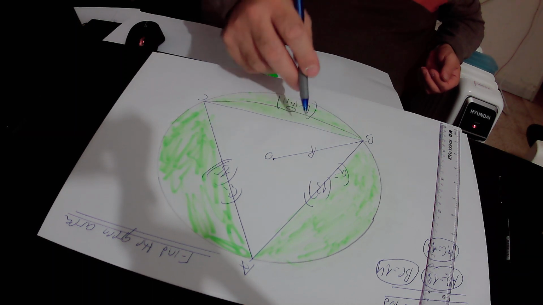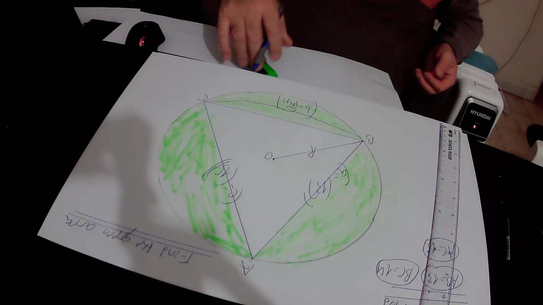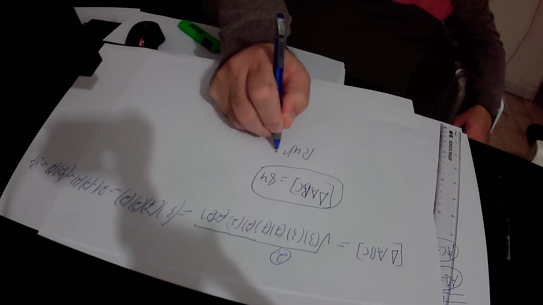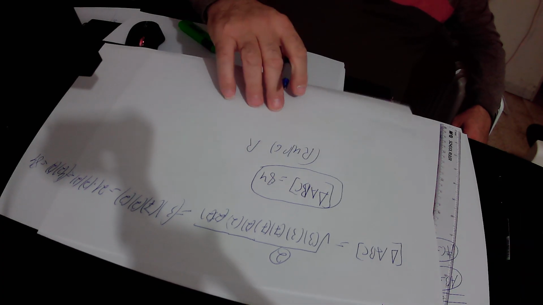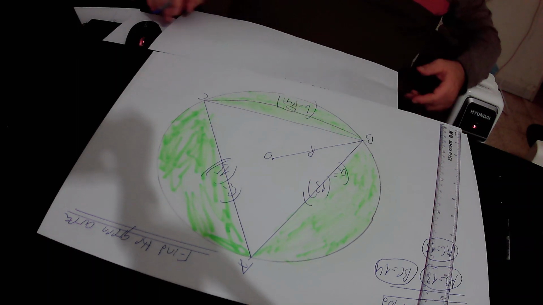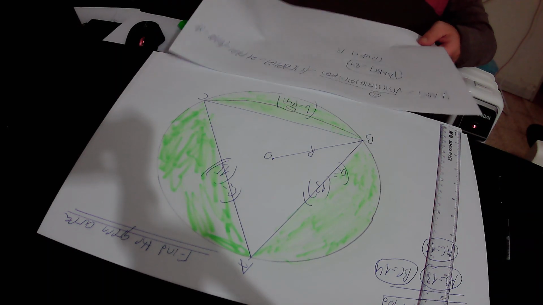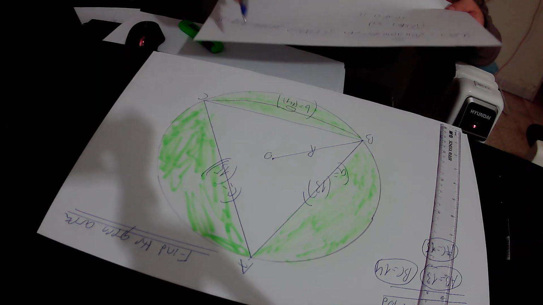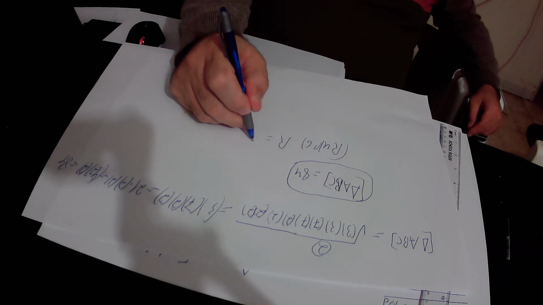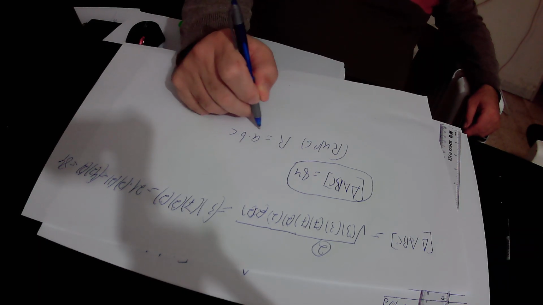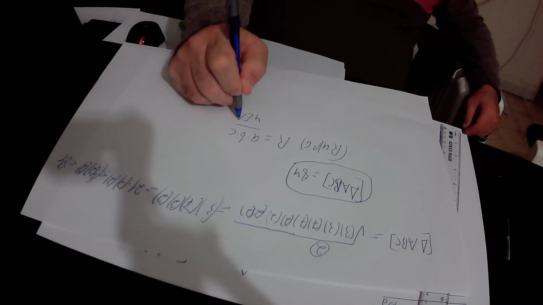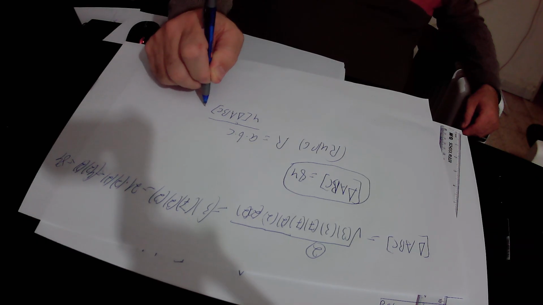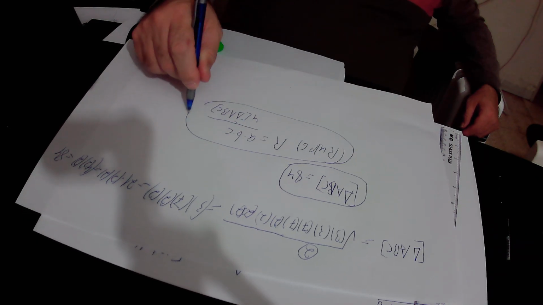So the radius r of this circle, according to rule number 6, must equal A times B times C over 4 times the area of triangle ABC. R equals A times B times C over 4 times the area of triangle ABC. This is according to rule number 6.